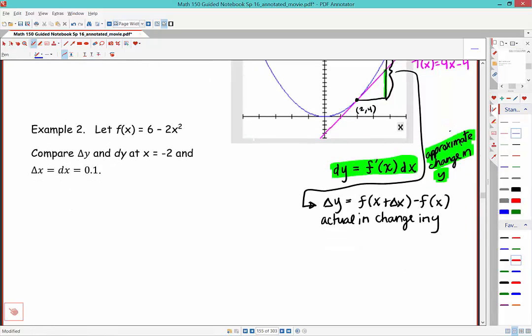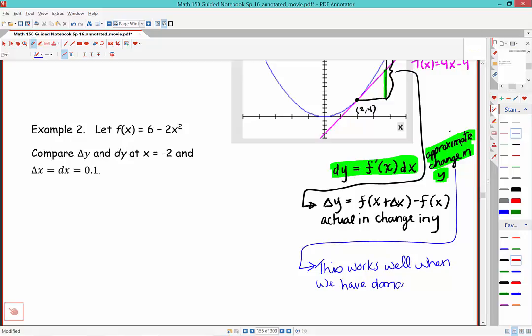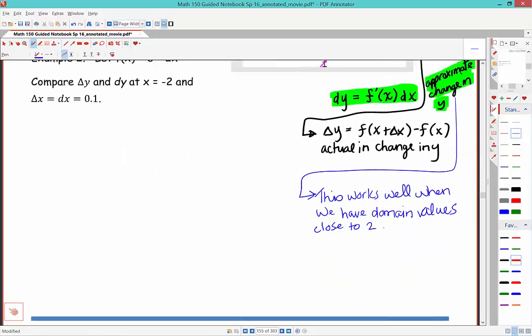And so what that means is that this works really well when we have domain values near 2, close to 2.